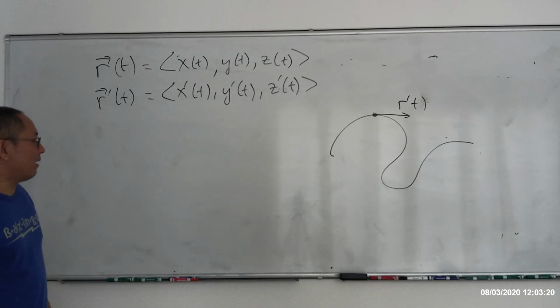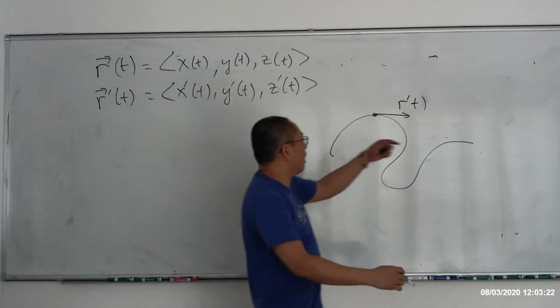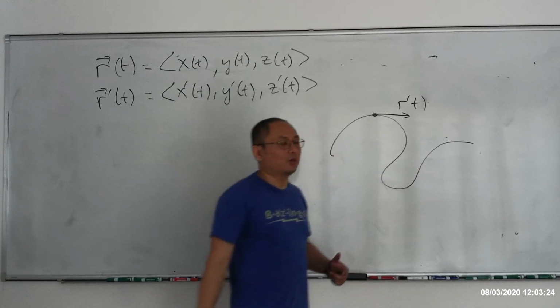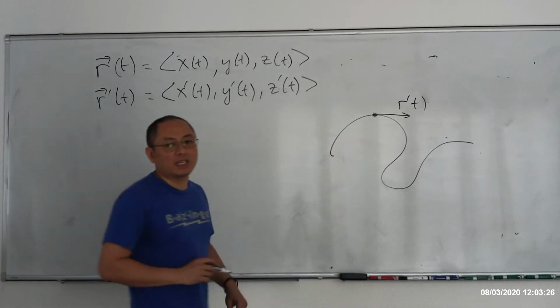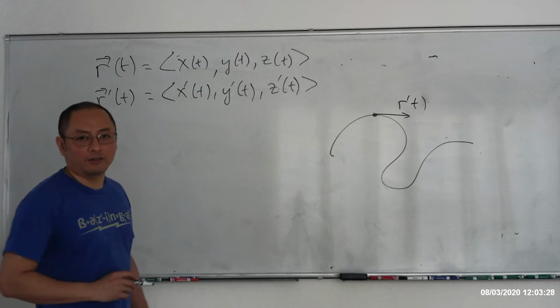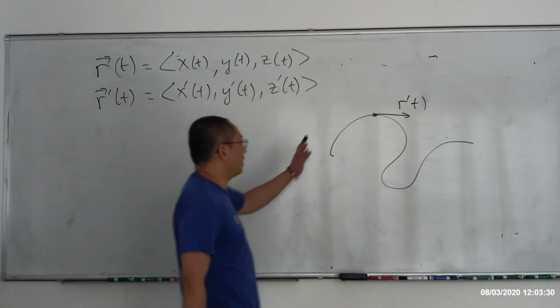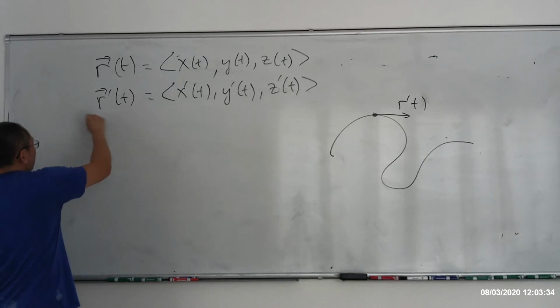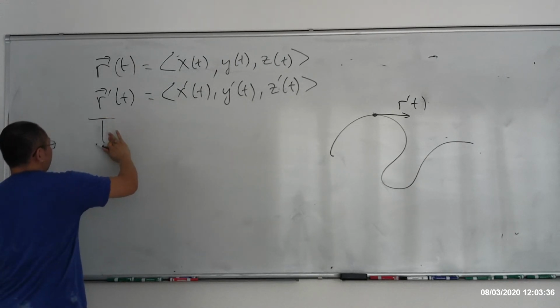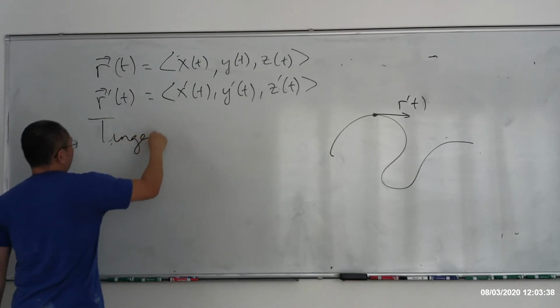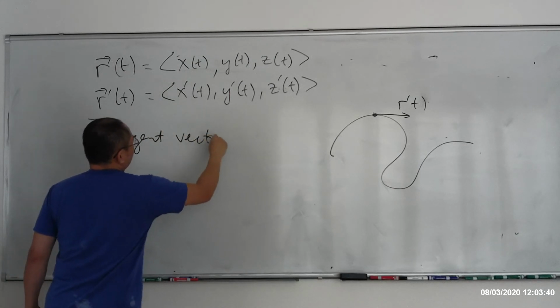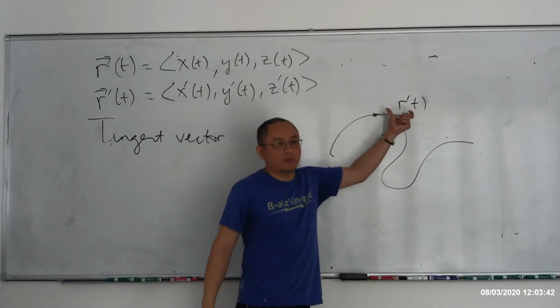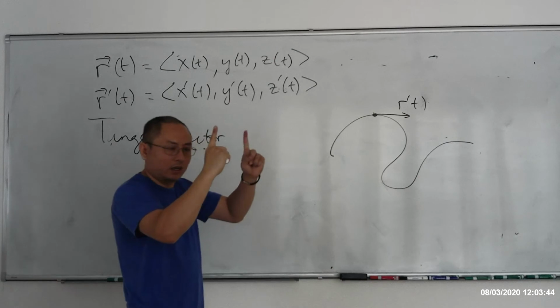Okay? Now, r prime t could be a long vector, could be a short vector, who knows? But for sure, it's going to be tangent to the curve. And now, instead of working with a long or short vector, we define something called the tangent vector. We're going to make all the tangent vectors become unit vectors. Unit means what? The length 1.